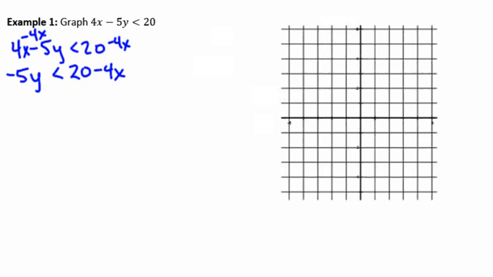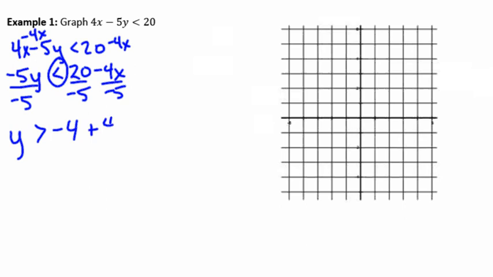There is a rule that when you divide by a negative, you have to change your sign. So if I'm going to divide everything by -5 here, I have to switch my inequality to the opposite way. So I'll have y > -4 + 4/5 x.